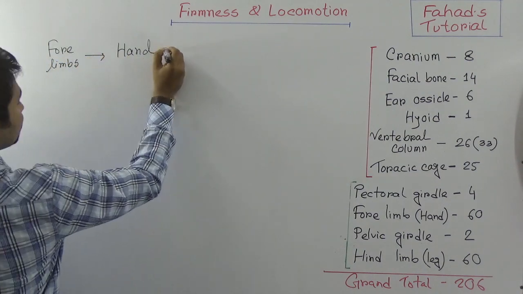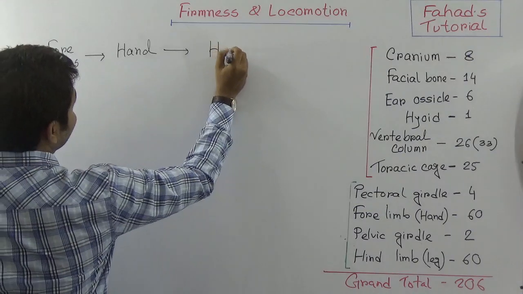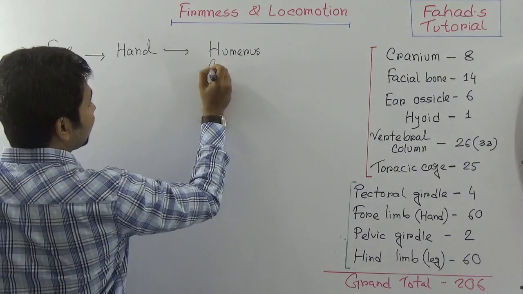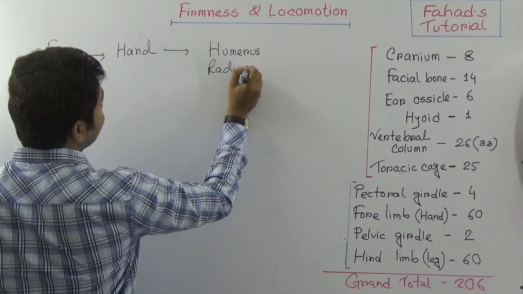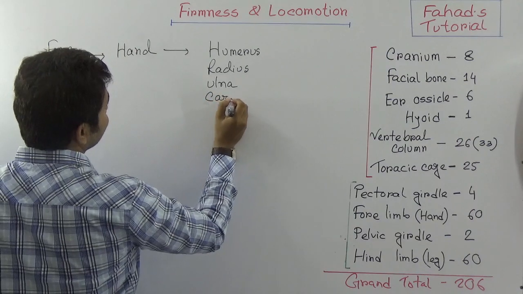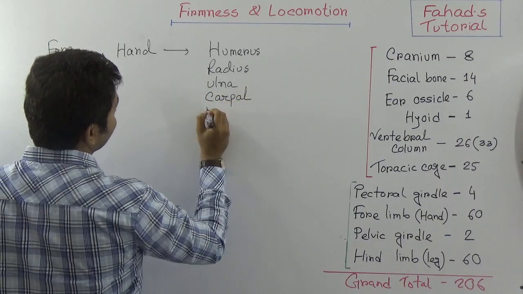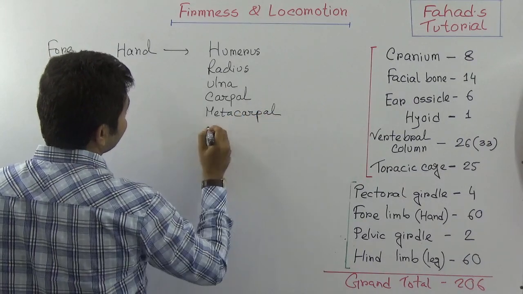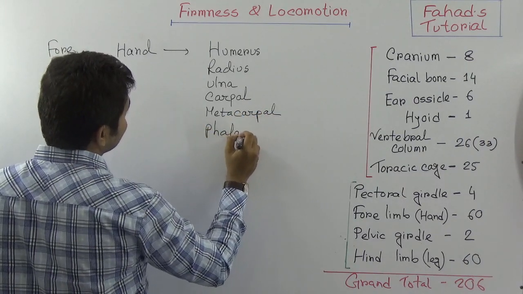So we have humerus. We have radius. We have ulna. We have carpals. We have metacarpal and phalanges.